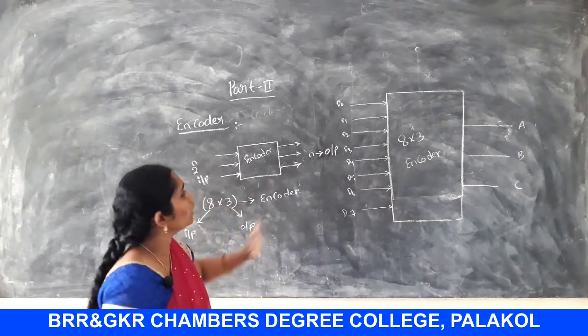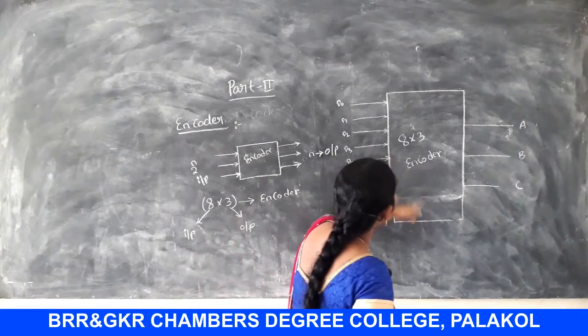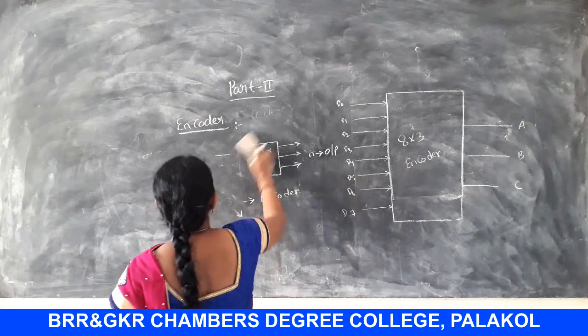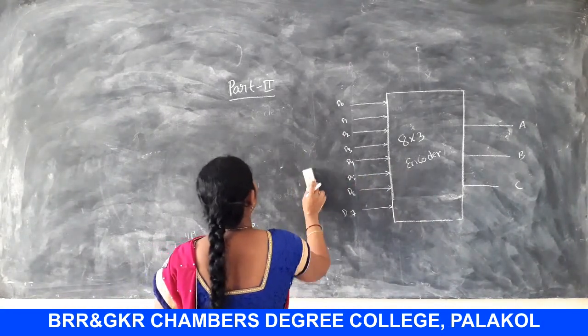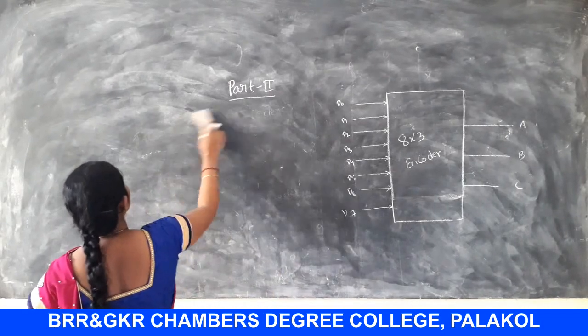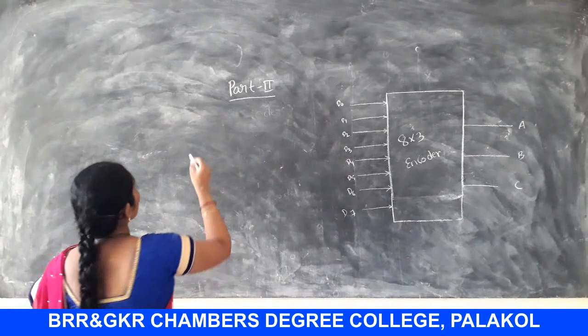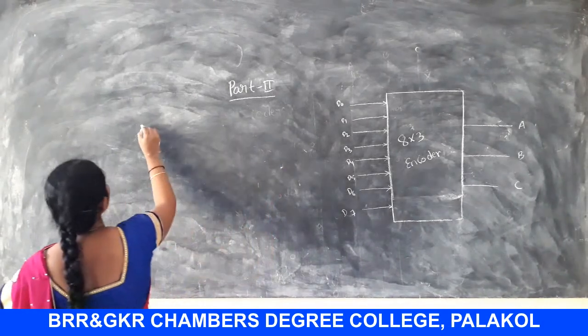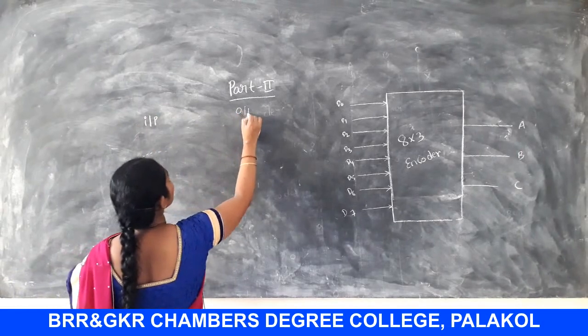Okay. So next we will draw the truth table for this encoder. Here these are the inputs and outputs.